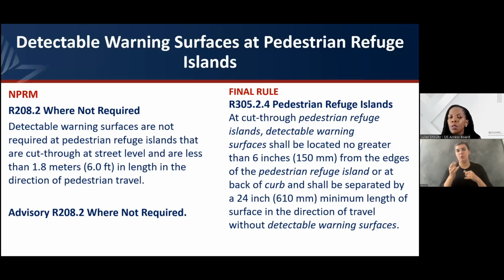So in the final rule, because we've defined pedestrian refuge island, at R305.2.4, pedestrian refuge islands, we require that at cut-through pedestrian refuge islands, again, per the definition, detectable warning surfaces shall be located no greater than 6 inches from the edges of the pedestrian refuge island or at back of curb, and shall be separated by 24 inches minimum length of surface in the direction of travel without detectable warning surfaces. So this just brought more clarity, but the requirement itself didn't really change.